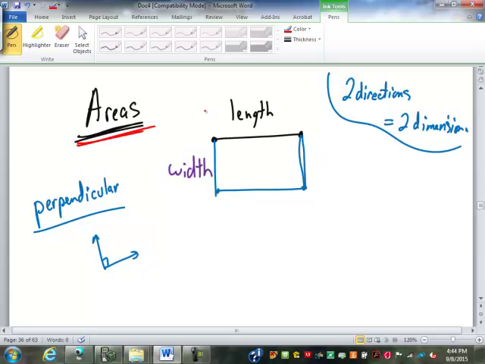And the size of that area depends on 2 things. First of all, it depends on what that original length of that line was. And second, it depends on what that distance is that it was pulled. So area is defined to be that length times that distance, or in this case, since it's a rectangle, length times width.